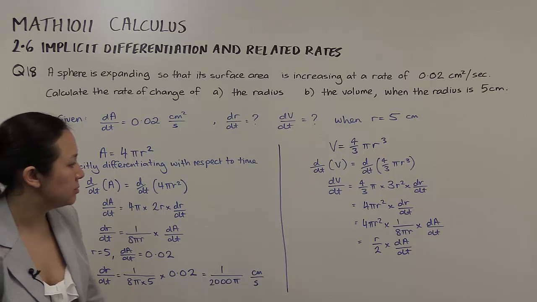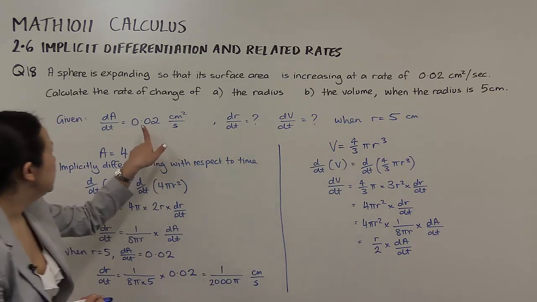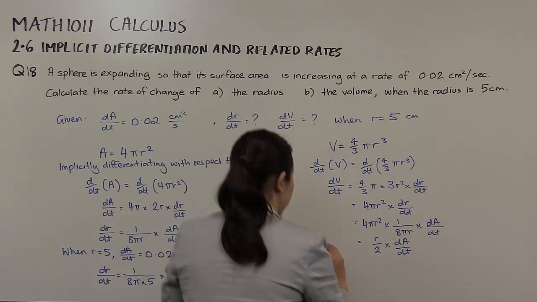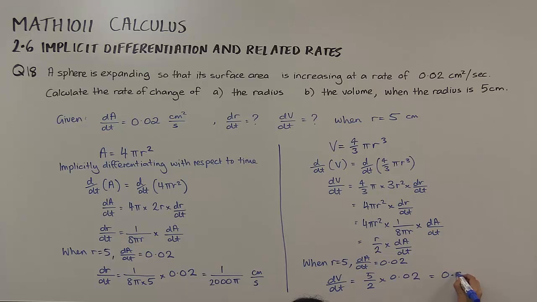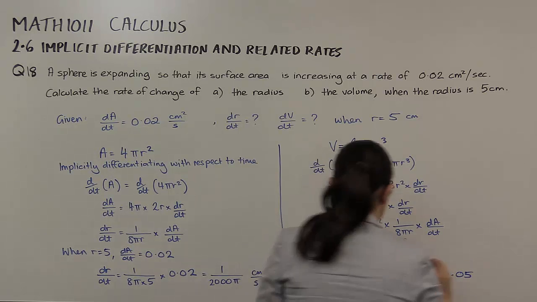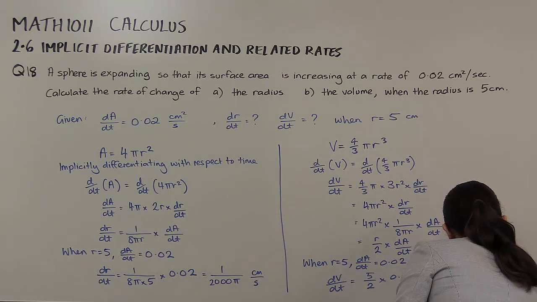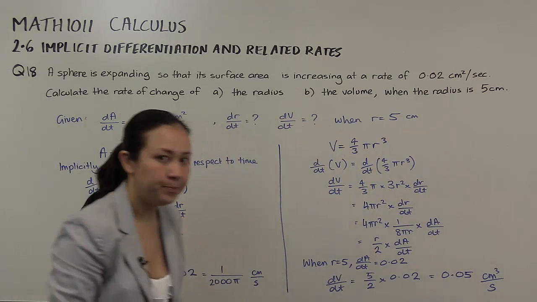Now we can substitute r equals 5 and dA/dt is 0.02. So when r equals 5 and dA/dt is 0.02, the volume is changing, dV/dt is 5 divided by 2 times 0.02. So that's 0.01 times 5, which is 0.05, and we're talking centimeters cubed per second there.